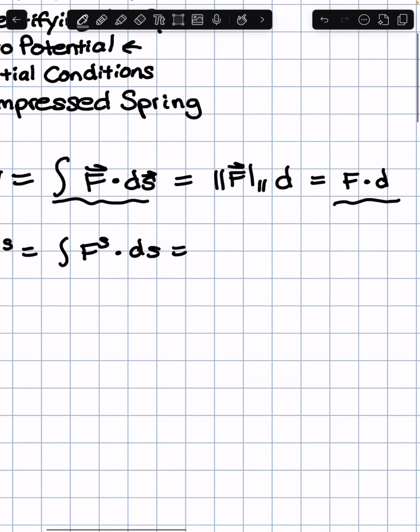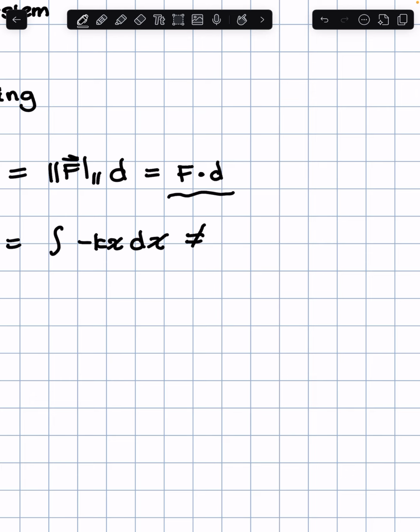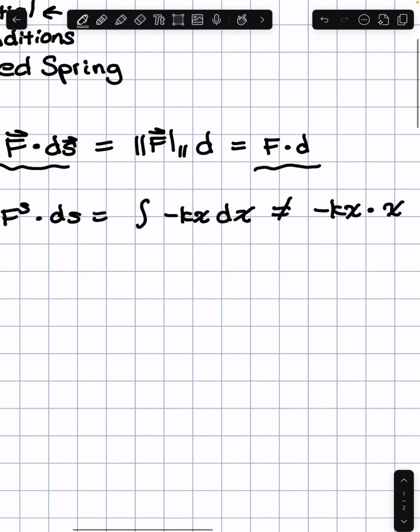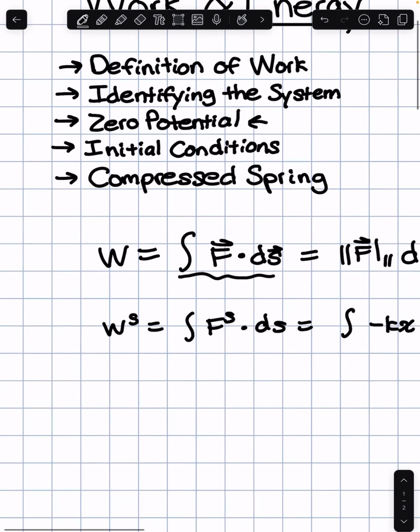And if you wrote that out even more, you would actually get negative kx dot dx. And this would not be the same as simply writing negative kx times x. They're not the same. So be careful when you are defining your work.